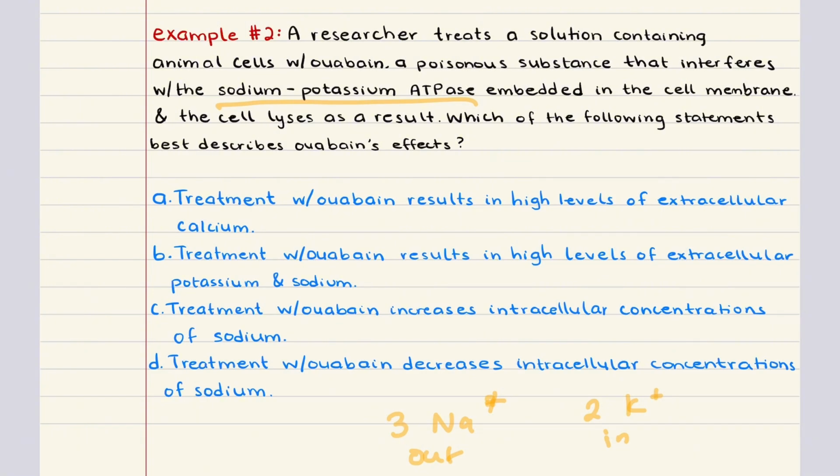Over time, this increase in intracellular sodium is going to disrupt osmotic balance, and it's going to cause water to enter the cell and lead to lysis. So the best answer is that Ouabain increases intracellular concentrations of sodium, and that matches answer choice C.